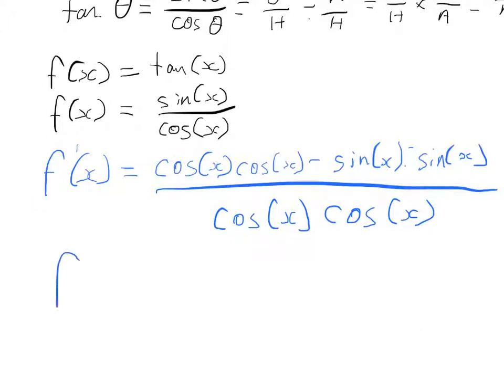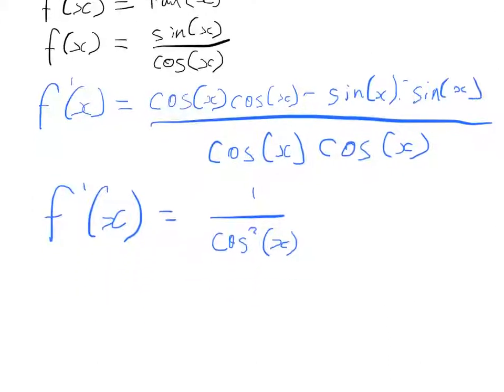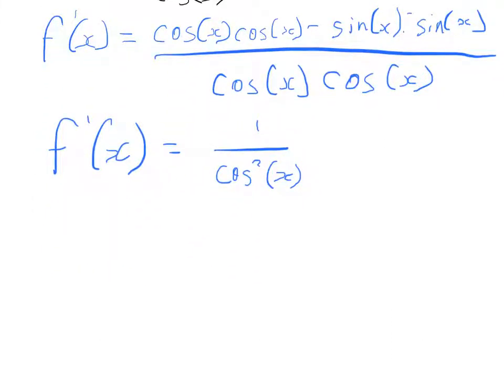So f dash of x equals 1 over, and we write this cos squared of x. That actually means the whole thing squared, but we write it like that. I'm not entirely sure why. I've always wondered why, but that's just the way it's written. Now that is 1 over cos of x squared.